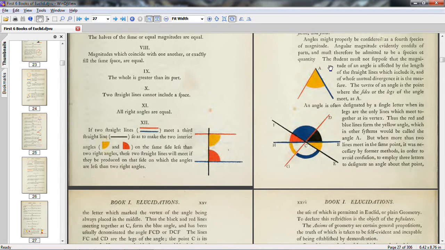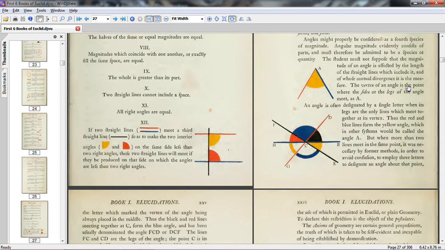However, important bit: the student must not suppose that the magnitude of an angle is affected by the length of the straight lines which include it. Like I was saying before, it is independent of scale and of whole mutual divergence.